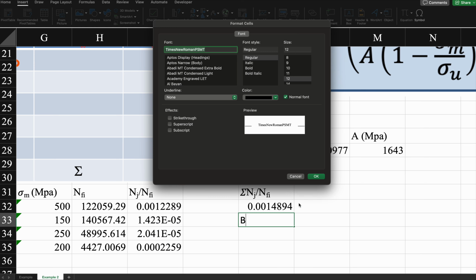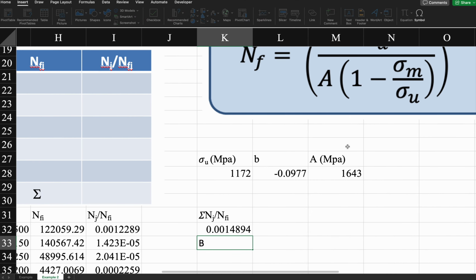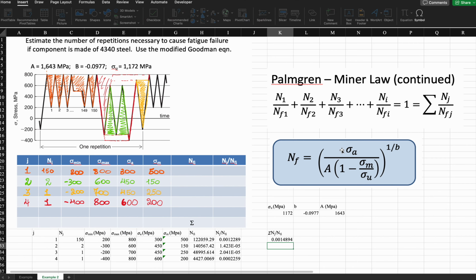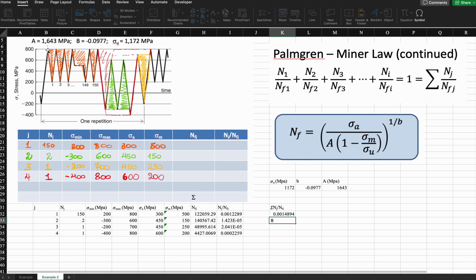And once we've summed them up, all we have to do is find B, which is what we care about. What is B? B tells us how many times I can see this pattern before the material fails due to fatigue. So we have 4 things, we added 4 things here.